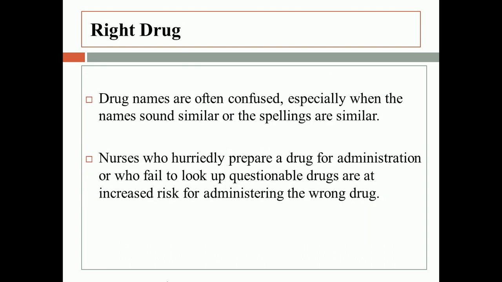Okay, then we have the right drug. Drug names are often confused, especially when the names sound similar or the spellings are similar. Nurses who hurriedly prepare a drug for administration or who fail to look up questionable drugs are at increased risk of administering the wrong drug. We may have seen many people do the assigned task very fast.